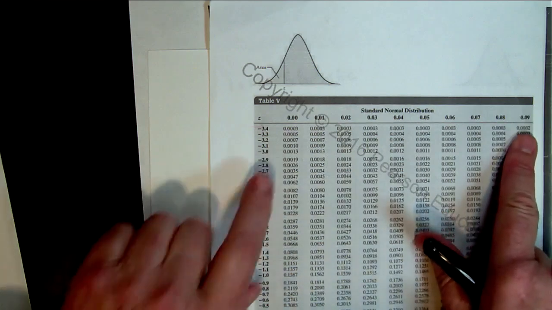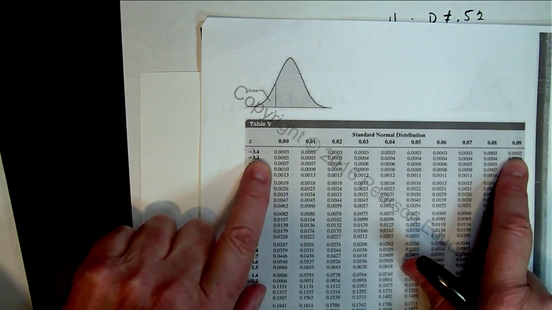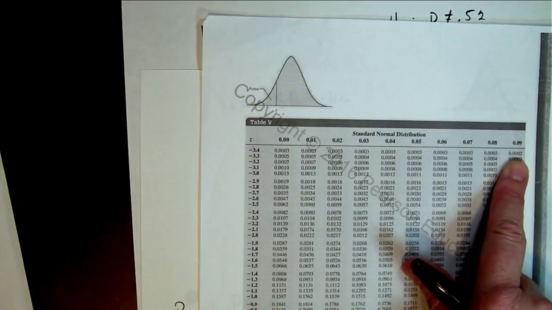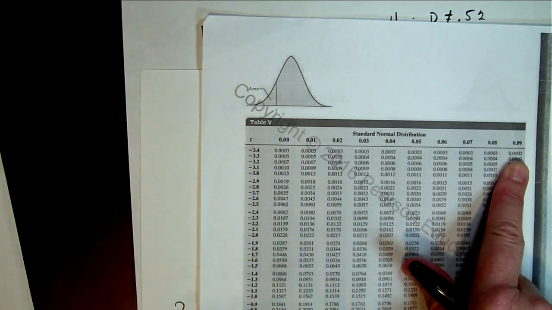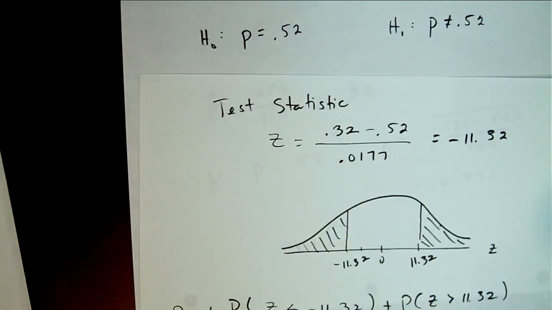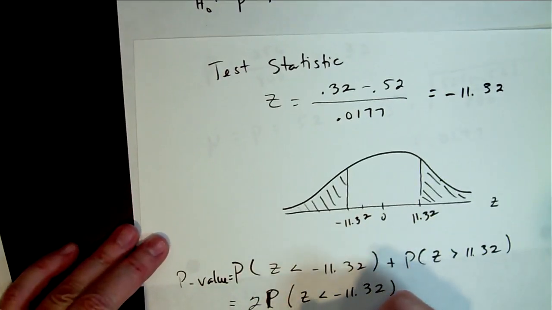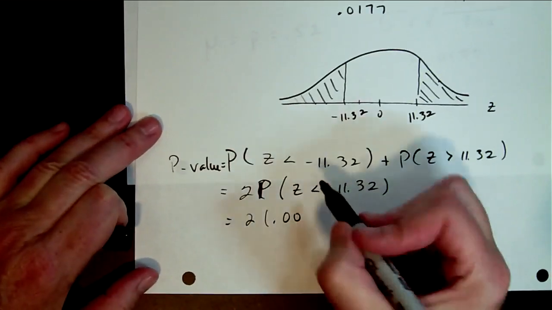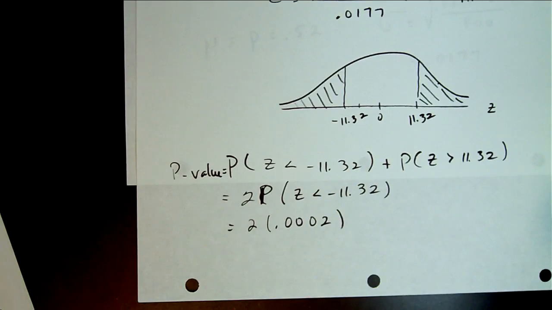That z-value is negative 3.49, and the area to the left of that is 0.0002. So our area is less than 0.0002.